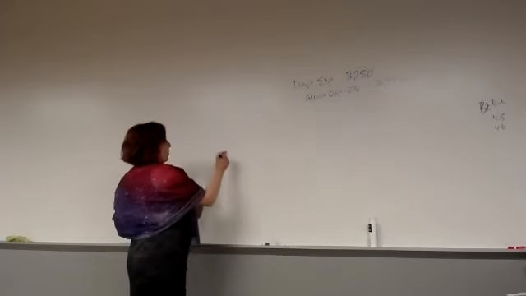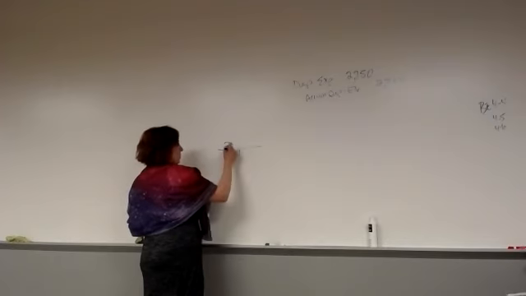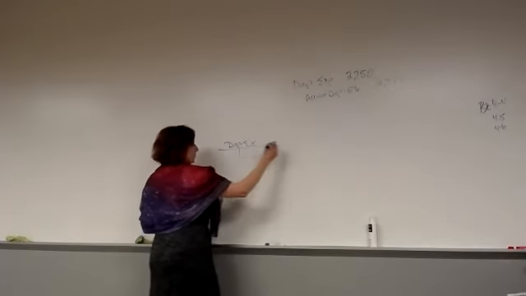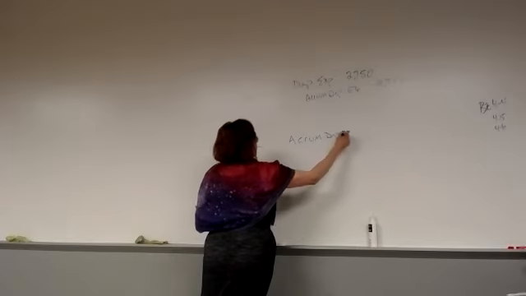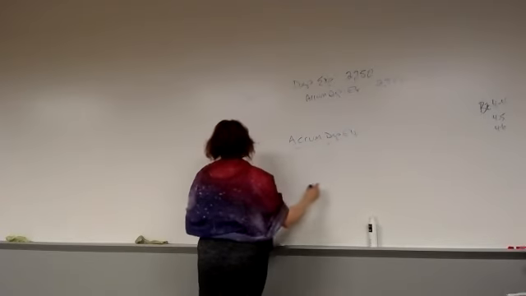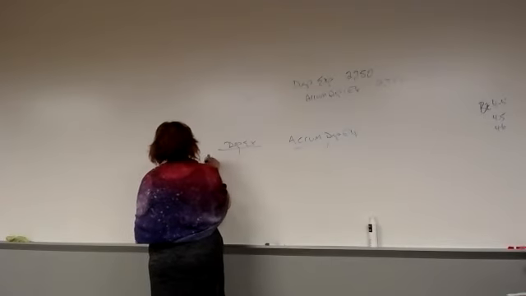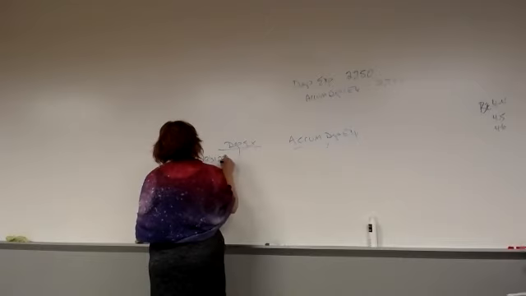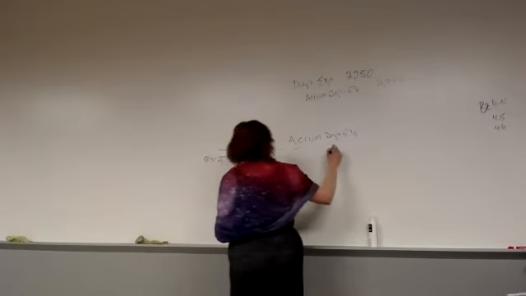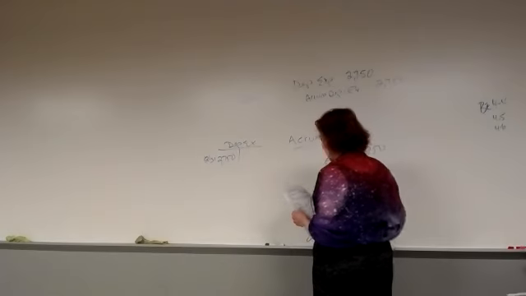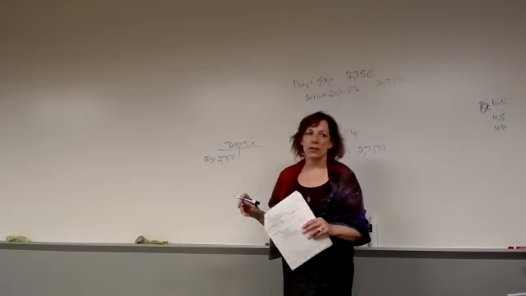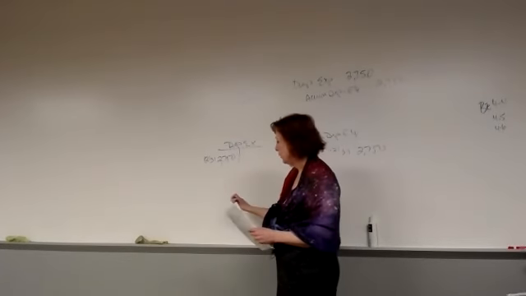And they want to know the T accounts. So we've got depreciation expense, 2,750. Accumulated depreciation, 2,750. And then they want to know what the financial statement looks like, just that line item.